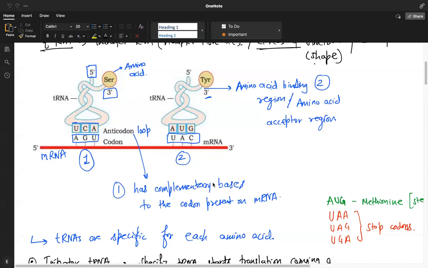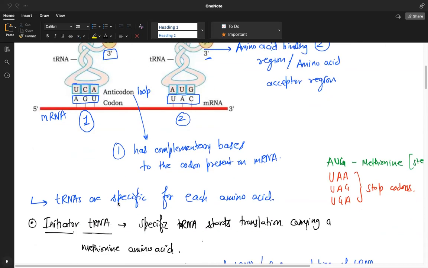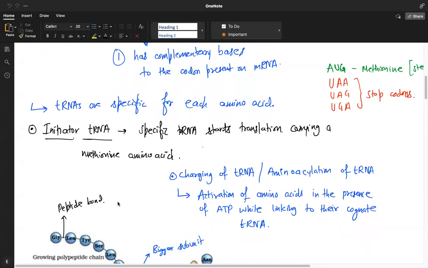So the anticodon loop has a sequence complementary to the codon sequence present on the mRNA. So tRNA is very specific for each amino acid. One tRNA can only bind to one kind of amino acid. There are 20 amino acids, so there are separate tRNAs for each amino acid.